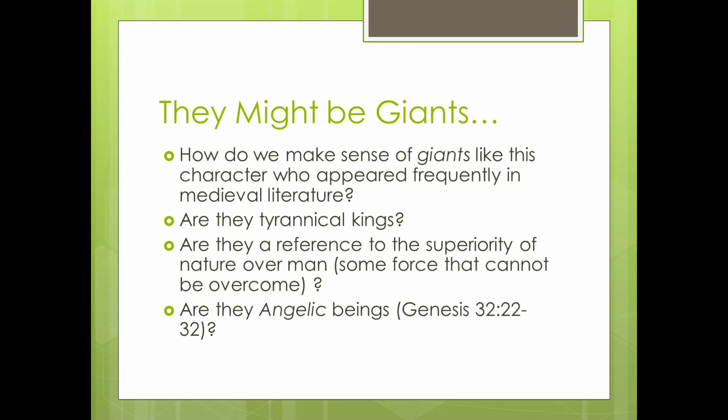Traditionally, theorists have analyzed literary dragons and come away with an idea that they are representative of a tyrannical king, as they usually hoard and adore treasure, specifically gold. They could also, I think, be a reference to the superiority of nature over man, or some force that cannot be overcome, because there have to be some limits on the nature of the heroes.